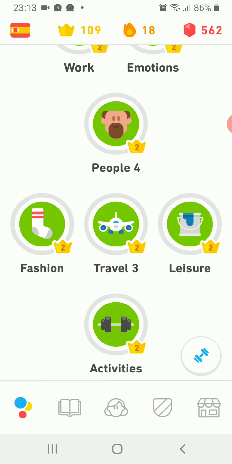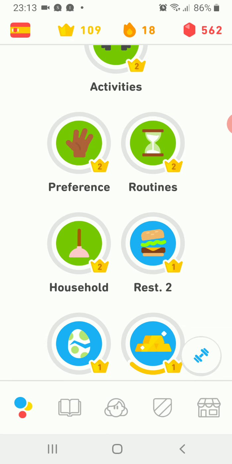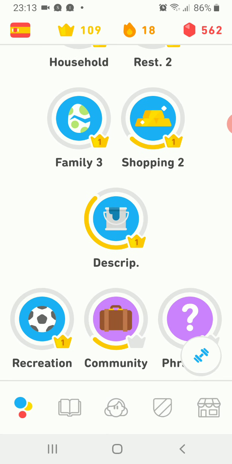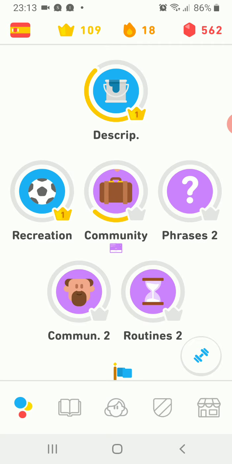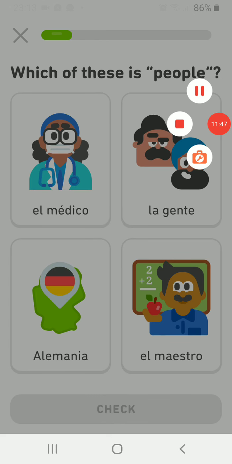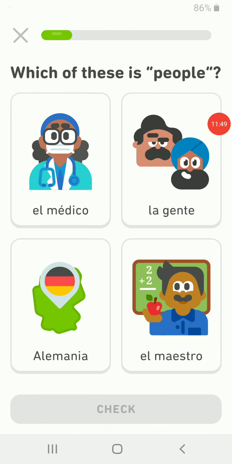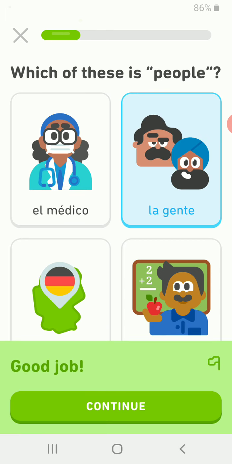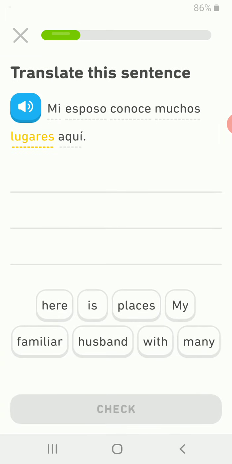All right, so let's continue. We were talking about what? About community, I guess. Yes, so let's do another exercise. We still have three more exercises, and we're doing pretty good with the time. Which of these is people? La gente. Maybe for you it's a new word. Mi esposo conoce muchos lugares aquí.